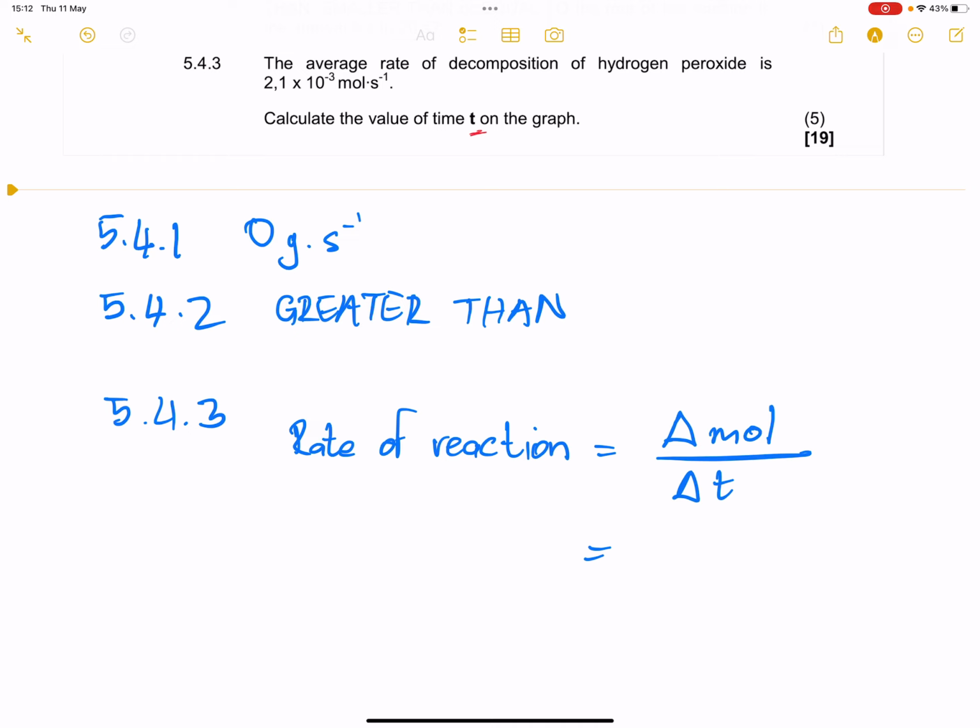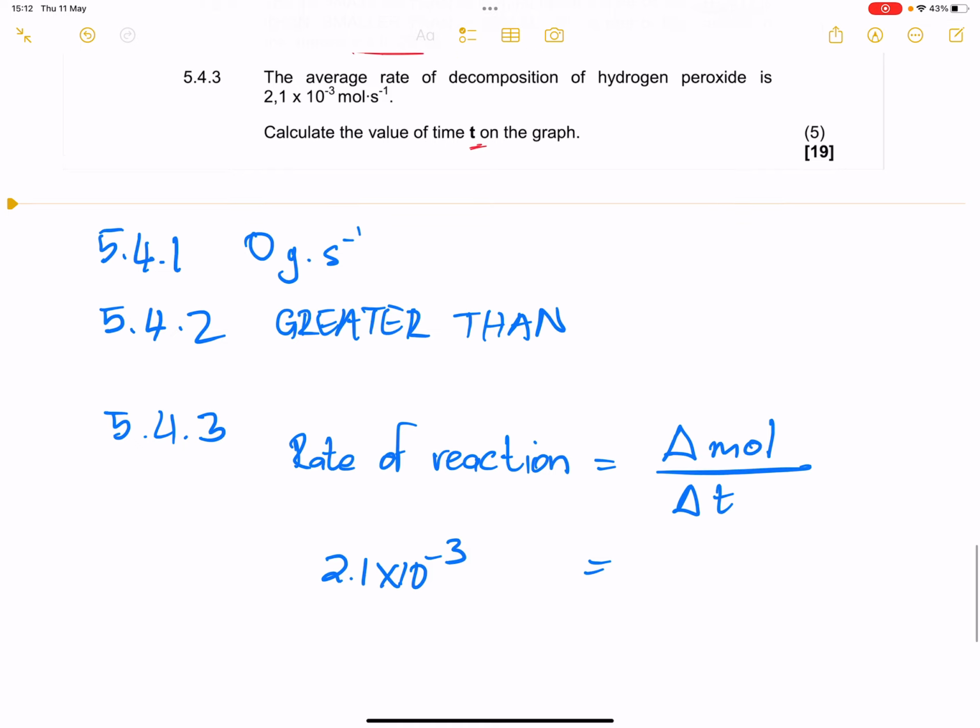So we already have 2.1 times 10 to the minus 3 there for rate. Now let's work out. It means it's moles final minus moles initial, divided by time final, which is t, minus time initial.